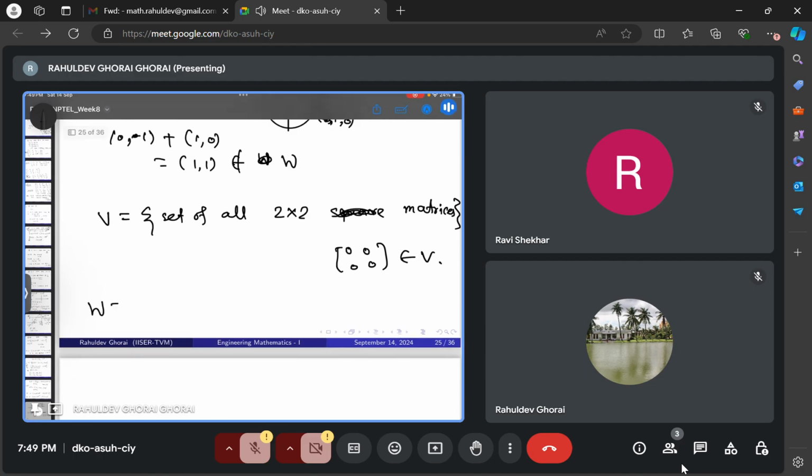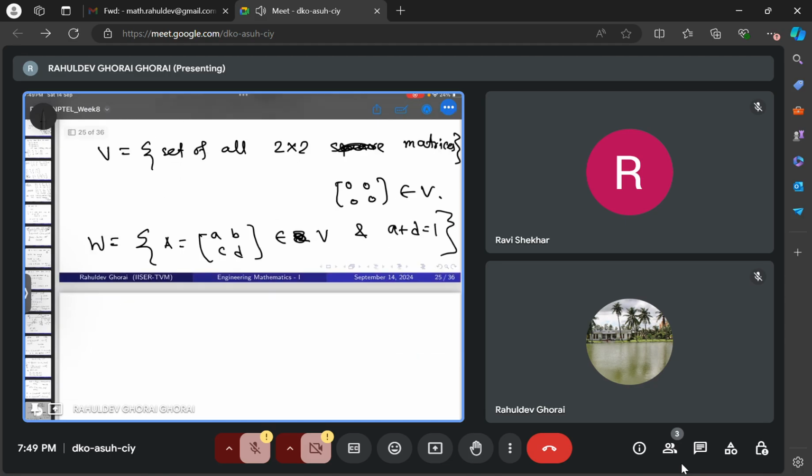So now I am giving a set W equal to those matrices [[a, b], [c, d]] that belong to V and a plus d is equal to 1.